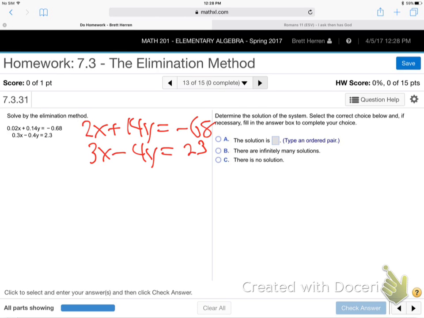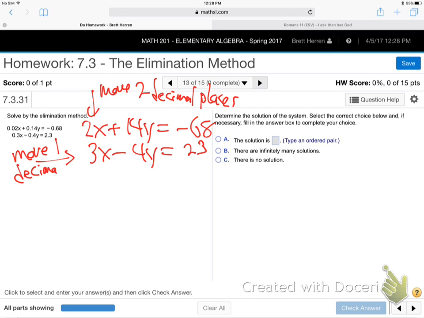So the top, I moved 2 decimal places, and this I moved 1 decimal place. Good? All right, take it from there.